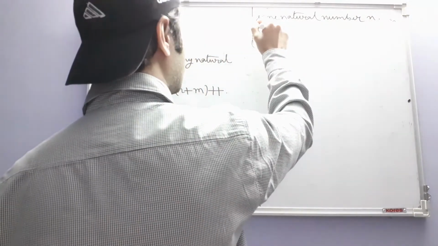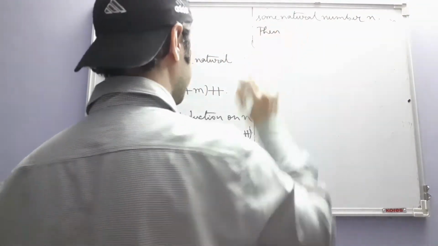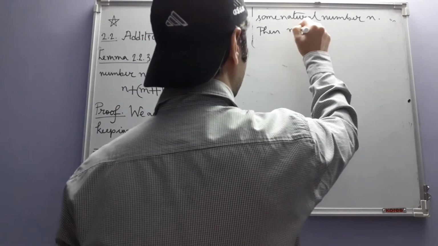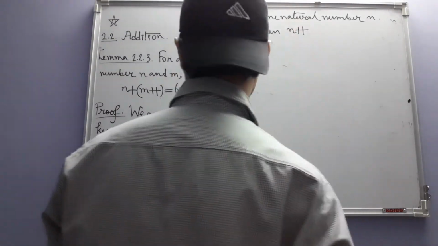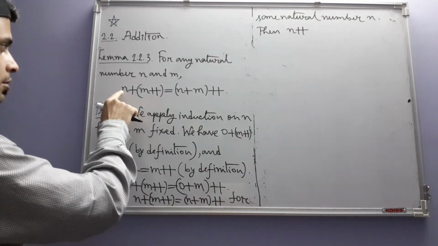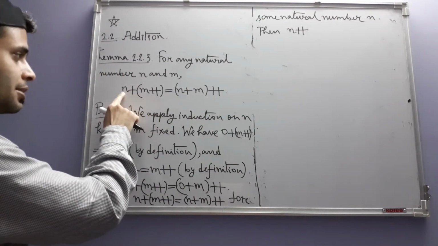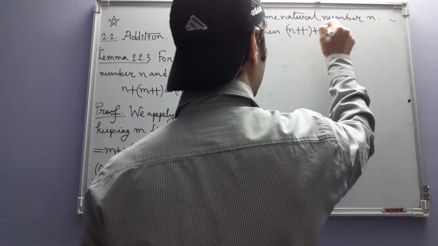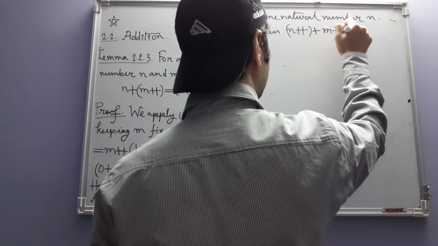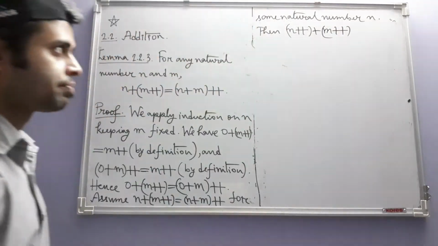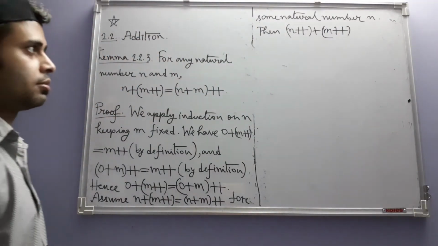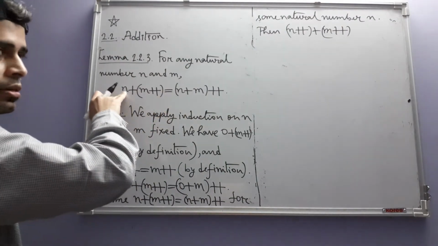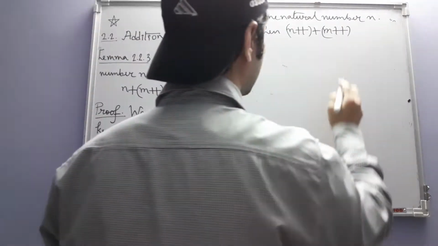Okay, now I have to verify the result for n plus plus in place of n. So n plus plus plus m plus plus, that is the left hand side when I have successor of n in place of n.